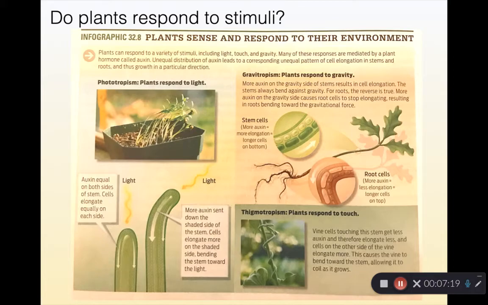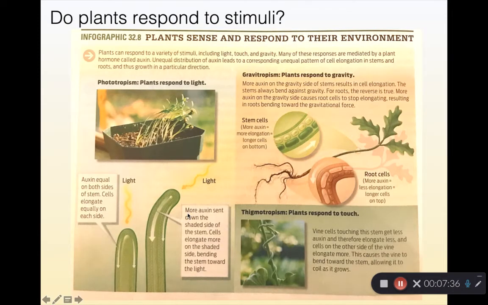Specifically within these, we have different hormones that allow cells to essentially elongate and move from one end to the other. And specifically looking at the hormone auxin, which is responsible for a lot of these changes.